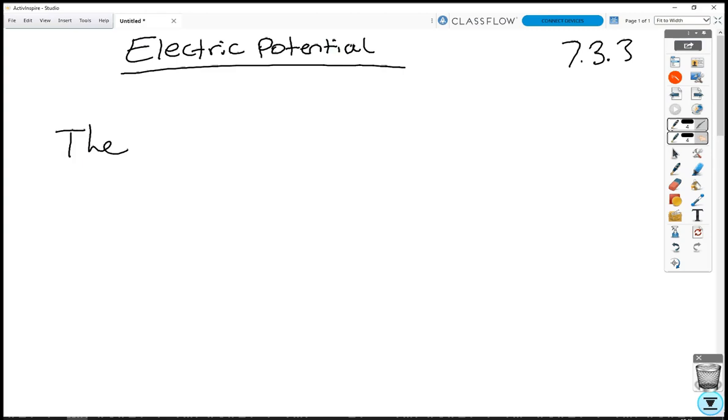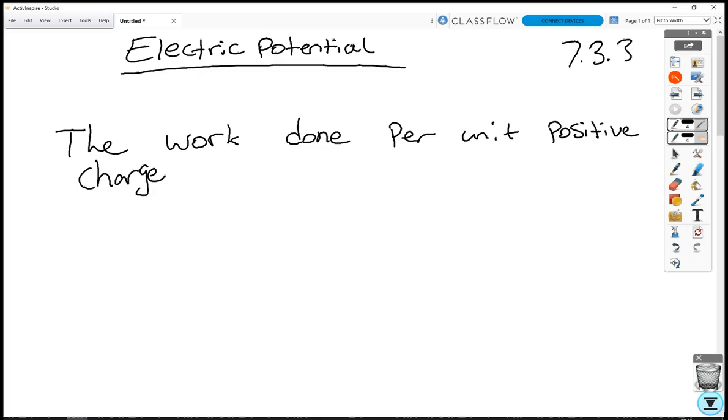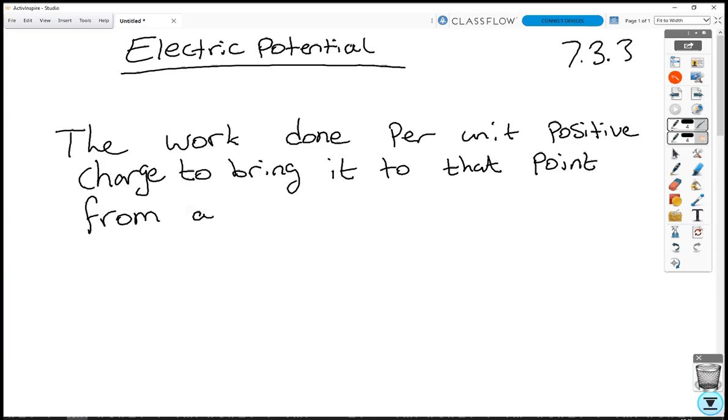So this is the work done per unit positive charge to bring it to that point from a place of zero potential, which is infinitely far away.